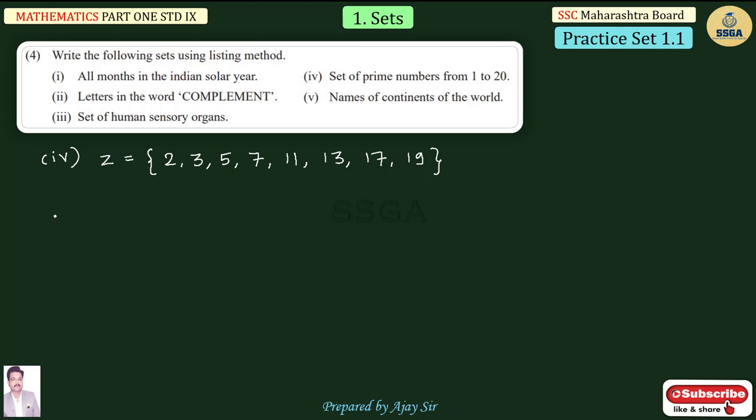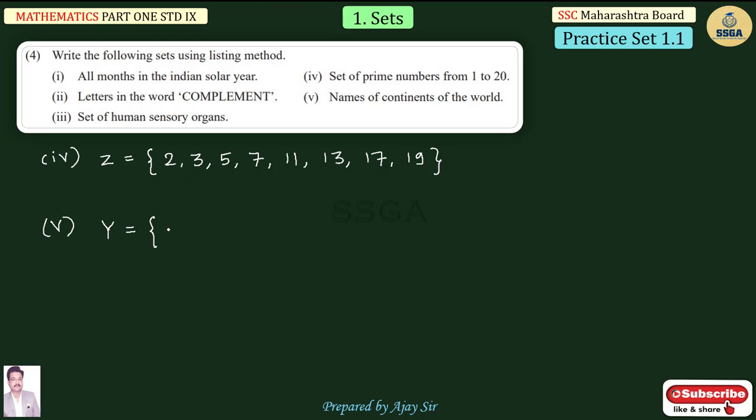Now let us start the next question, fifth question: names of continents of the world. There are 7 continents. Let us consider this set as set Y. Any letter you can use. So the continents are Asia, Africa, Europe, Australia, Antarctica, South America and North America.